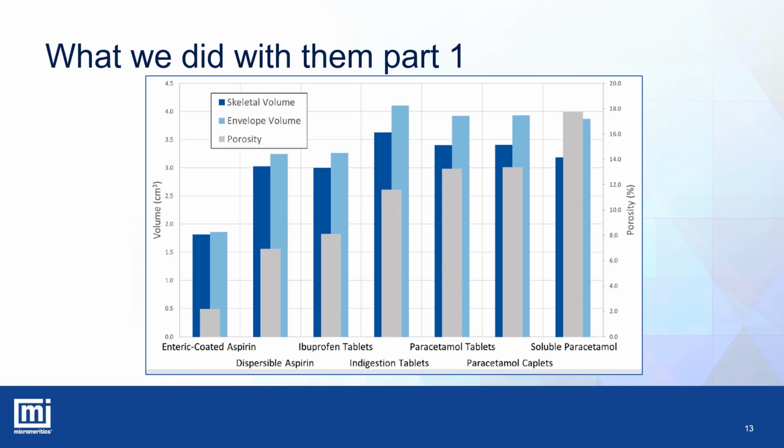From this we acquired a set of data that had 5 values for each tablet type. I've plotted these on 2 graphs. The first is up and shows the porosity and volume data. The samples are arranged from left to right by ascending porosity. The graph shows that when the tablets are ordered by their porosity, there is no corresponding order in either set of volume data. So although these properties are interrelated, they are separate from each other.